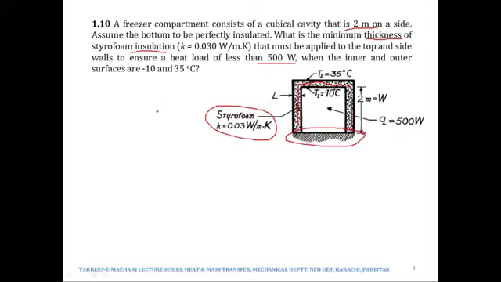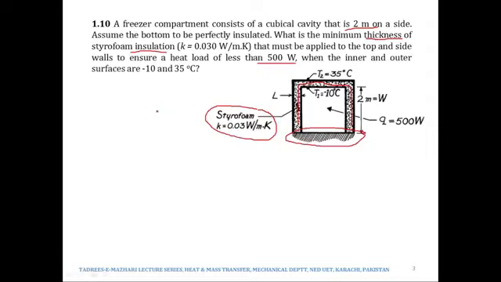We need to understand whether it is conduction only, or convection only, or radiation only, or a mixture of 2, or all 3. So we need to figure out which mode of heat transfer is taking place.